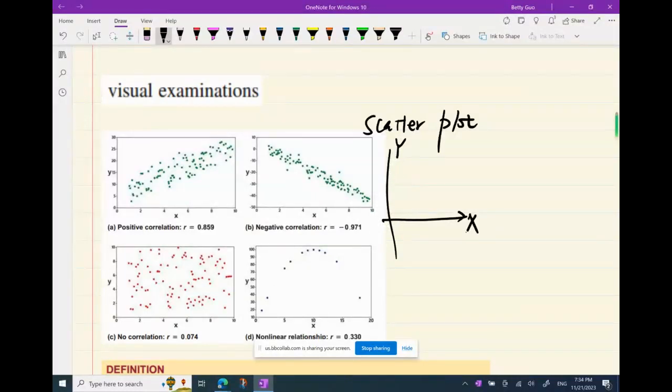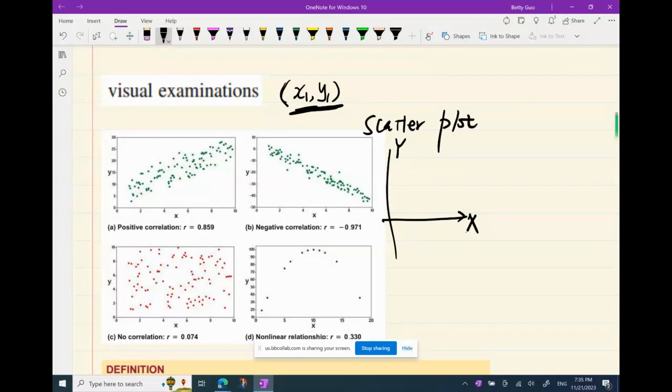And for each value of x, for example x1, there should be a corresponding value of y. Then we would have a pair.